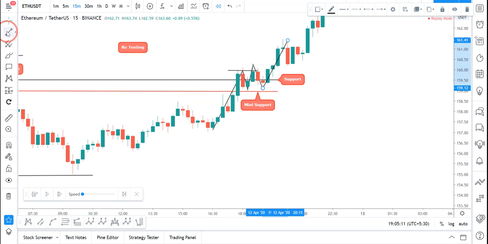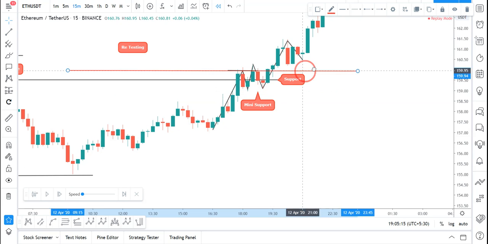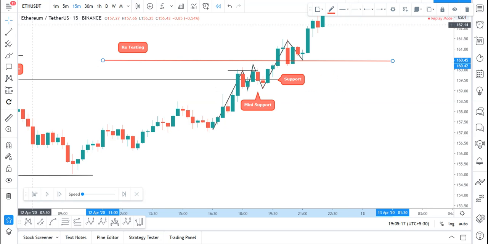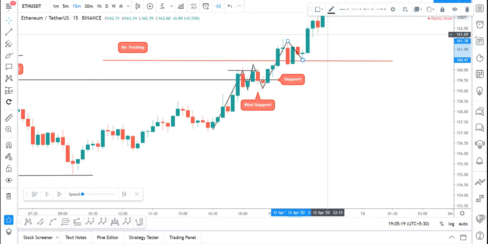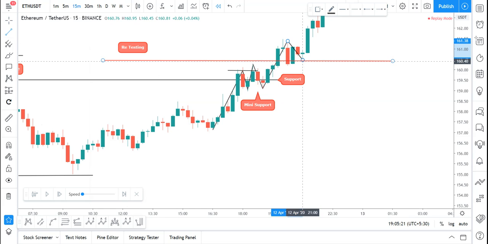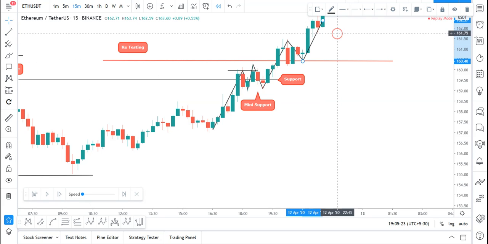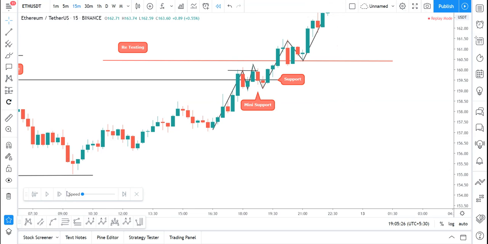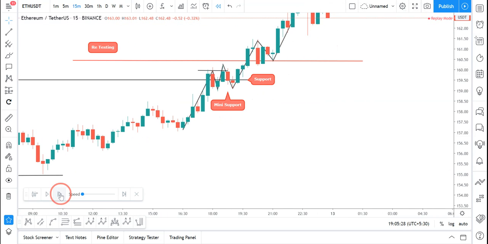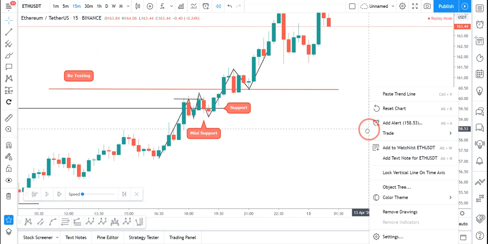You need to keep drawing these lines. Now the stop loss will move from here to here, and it again shot up. Cool. Now let's move up more and see what happens next.